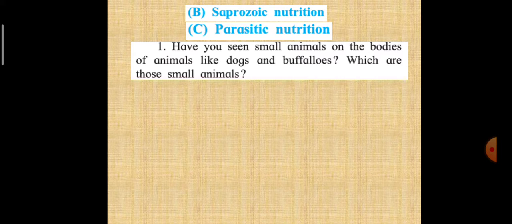Some animals depend upon other animals for food, and they can obtain their food only from the animals on whom they are dependent. The animals which have such type of nutrition are called parasites, and this is parasitic nutrition.